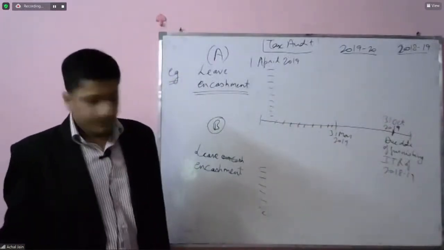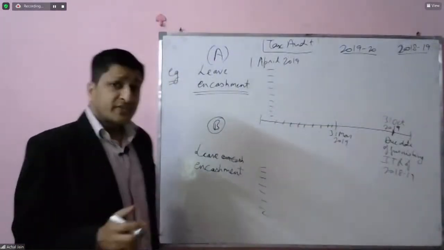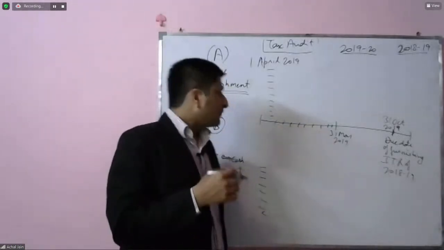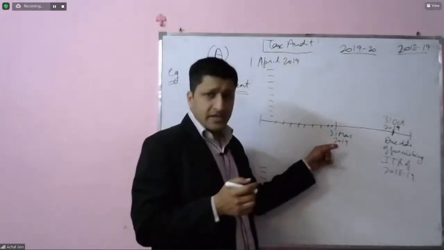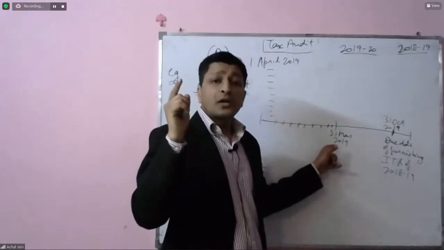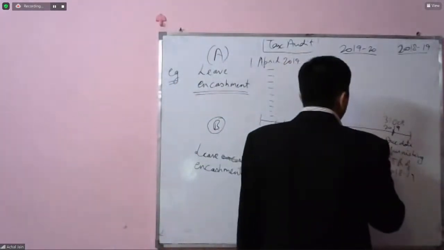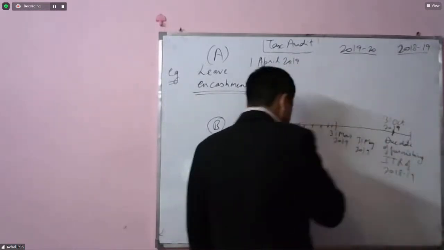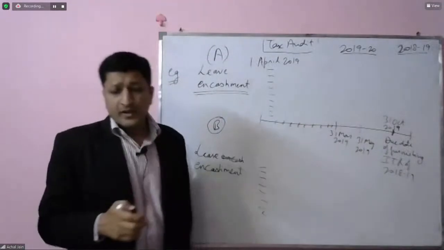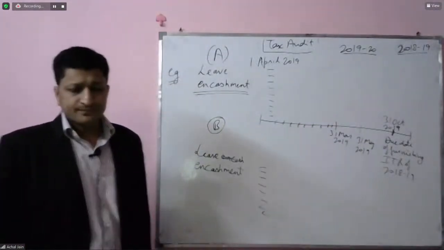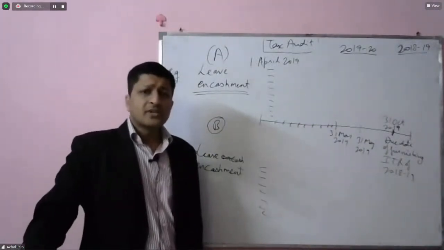Okay. So if there was a liability which remained outstanding on this date, but which got paid, say on 31st of May 2019, do we need to capture it over here? No. Do we need to capture it over here?